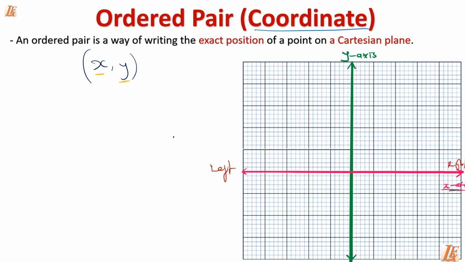And this one which is running up and then down, this is what we call the y-axis. Since these two lines are number lines, the point where they meet, we called it the origin. This is the origin, and it has coordinates of 0, 0.